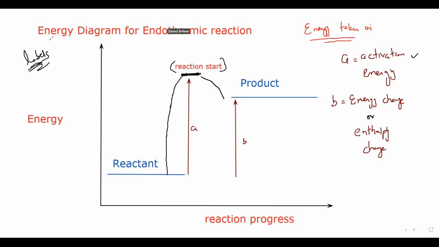Any doubt till this point? Any question or a doubt for the energy diagram of an endothermic reaction? So a chemical reaction can be endothermic, can be exothermic.